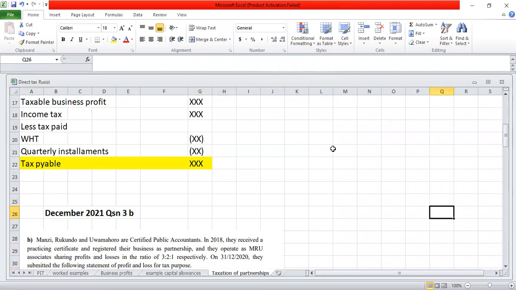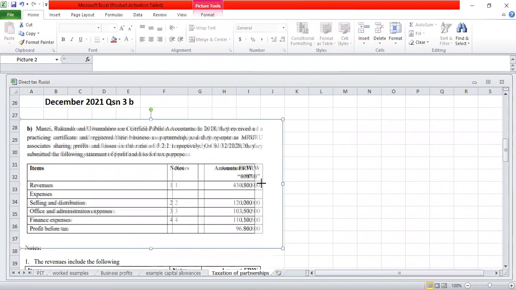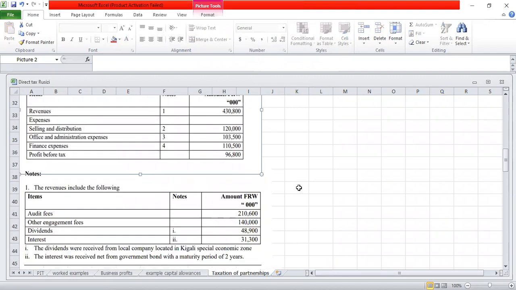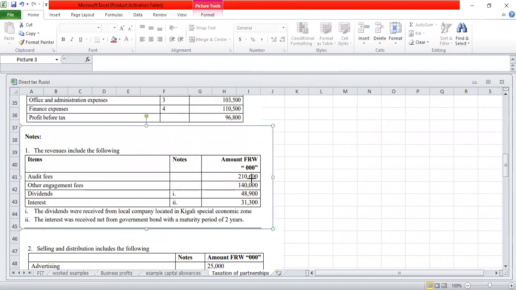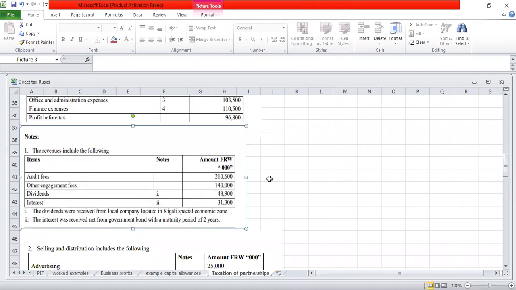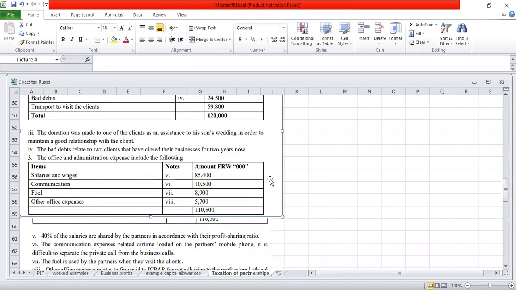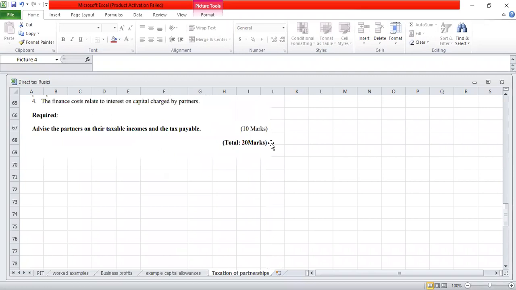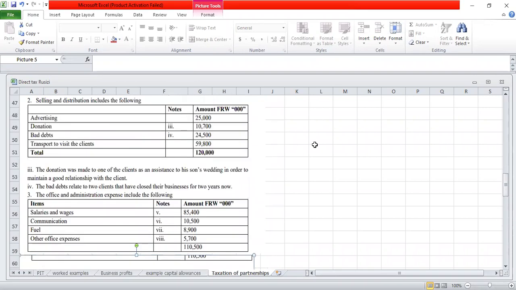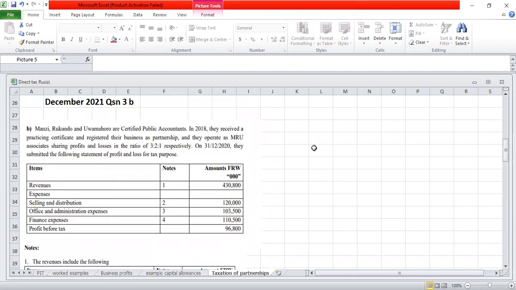I want us to look at this, and then from there we can move on to other parts that we need to discuss today. So let's look at this part.